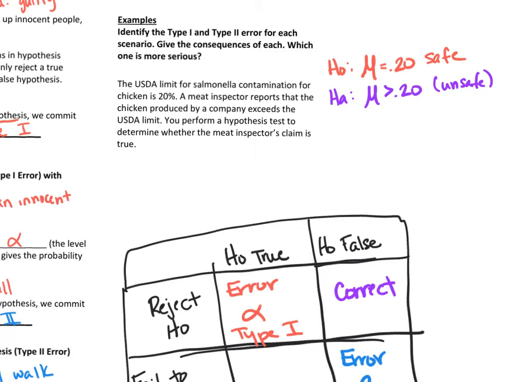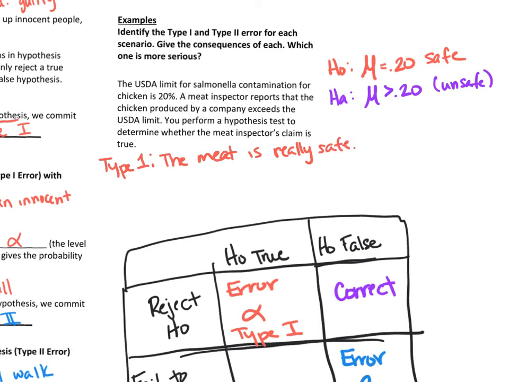The first error would be a type 1 error, which means I have a true null. True null means that the meat is really safe. So in a type 1 error, the meat is really safe.